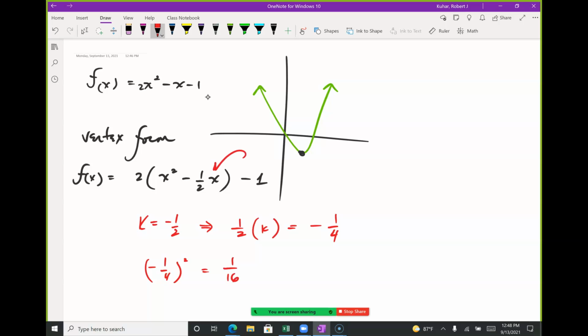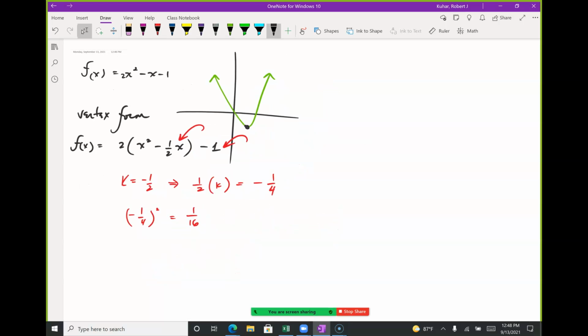And I want to add that on the inside, subtract it on the outside. So I've got f of x equals 2 times x squared minus 1/2 x plus 1/16 minus 1. Oops, that's a 16. Sorry, 1/16 minus 1/8.